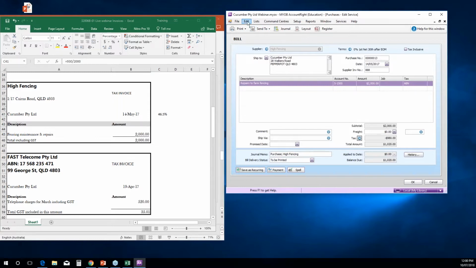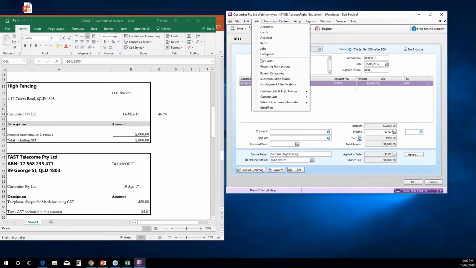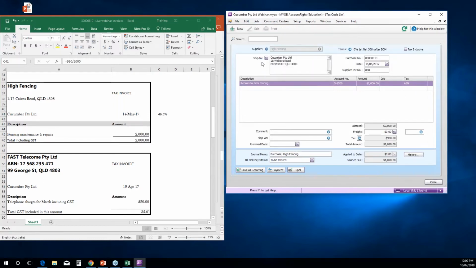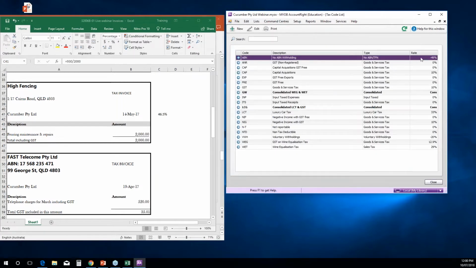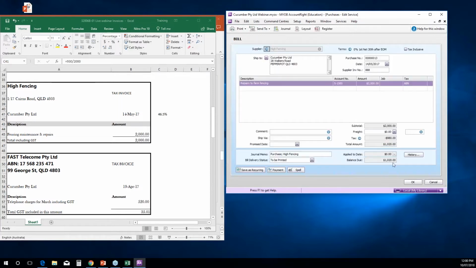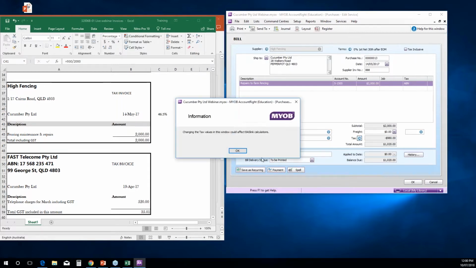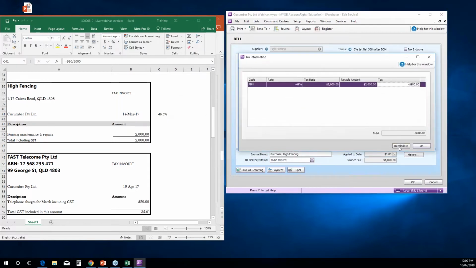Let me check. So I'm going to go to list and go to tax code and have a look at the ABN. It is 49%, but how come only 46.5% was charged? This happens, so let me explain. I have changed the tax amount. All I did was click the little blue zoom arrow, and just click recalculate and okay.